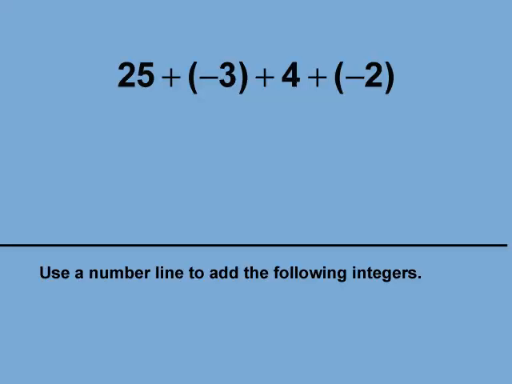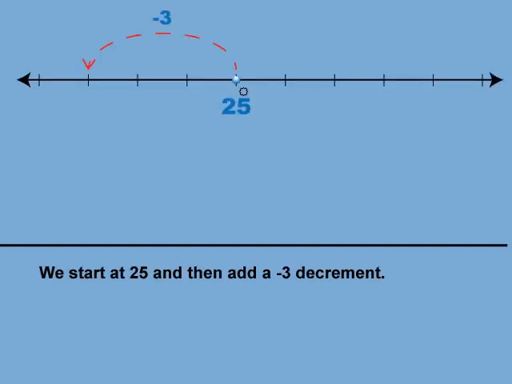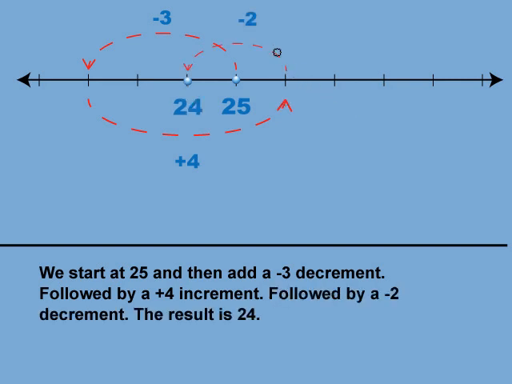Use a number line to add the following integers: 25 plus -3 plus 4 plus -2. We start at 25 and then add a -3 decrement, followed by a +4 increment, followed by a -2 decrement.